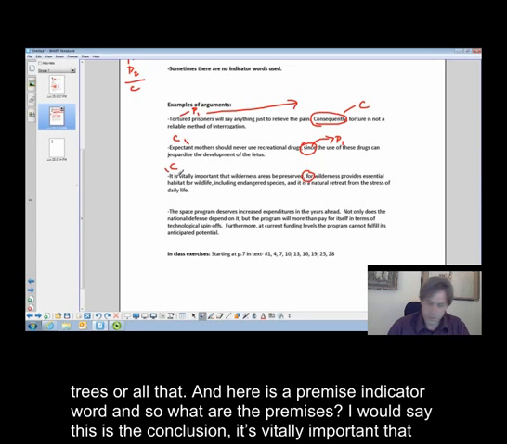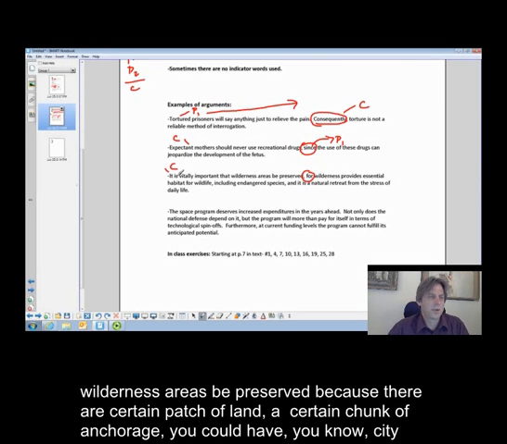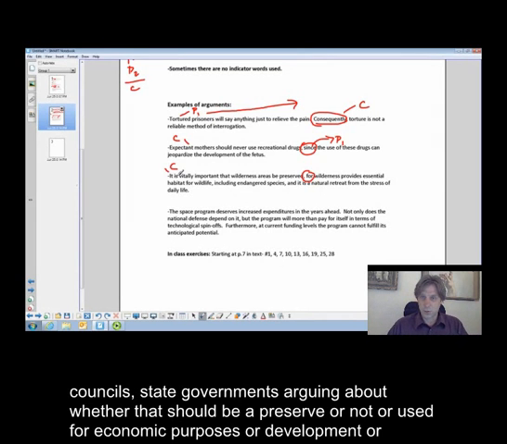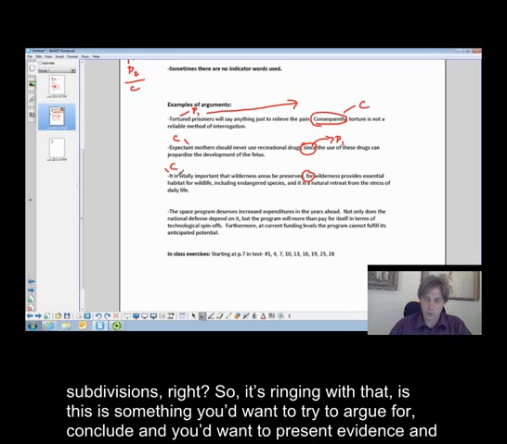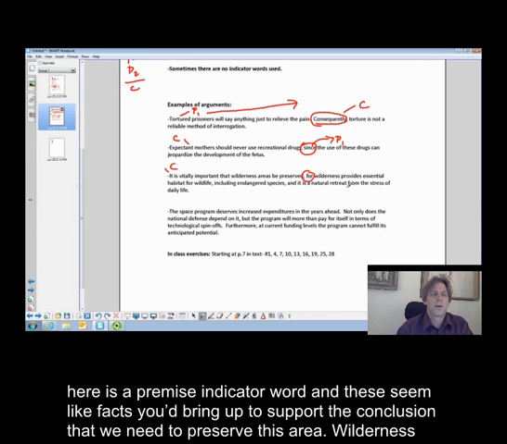It's vitally important that wilderness areas be preserved, because a certain patch of land, a certain chunk of acreage, you could have city councils, state governments arguing about whether that should be a preserve or not, or used for economic purposes or development or subdivisions, right? So it's ringing with that, as this is something you'd want to try to argue for, conclude, and you want to present evidence. And here's a premise indicator word, and these seem like facts you'd bring up to support the conclusion that we need to preserve this area.